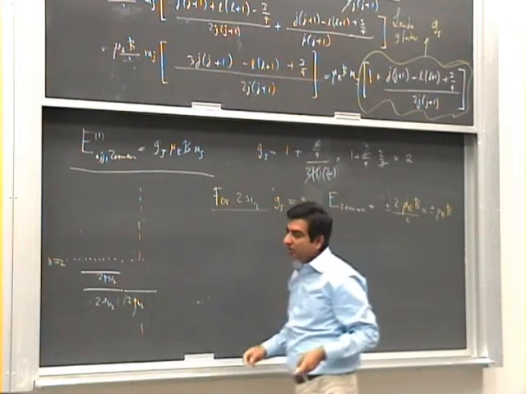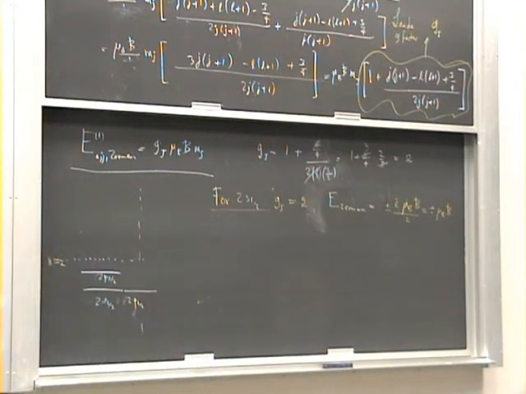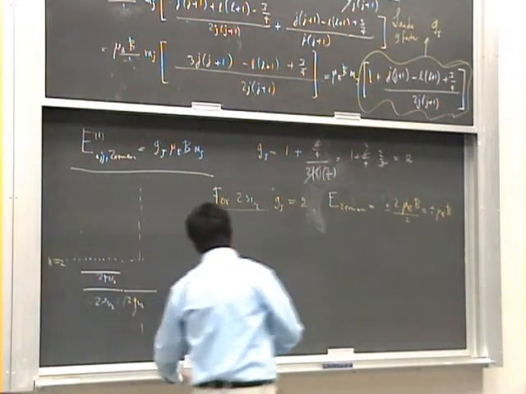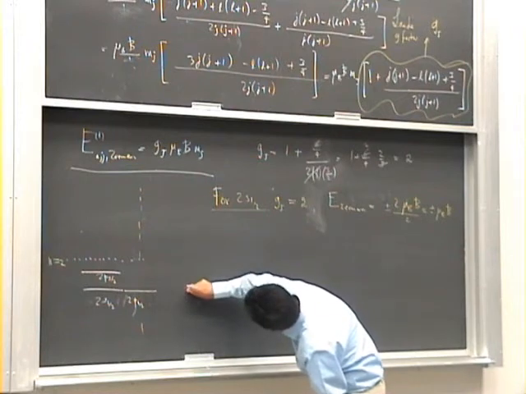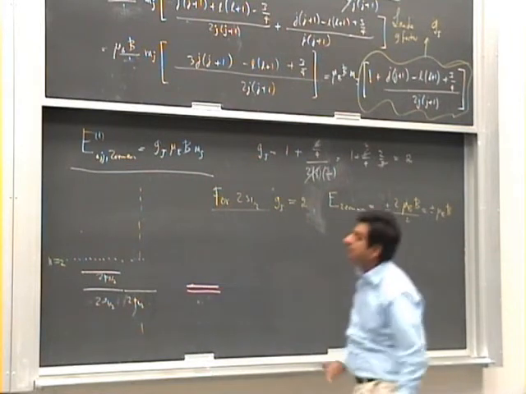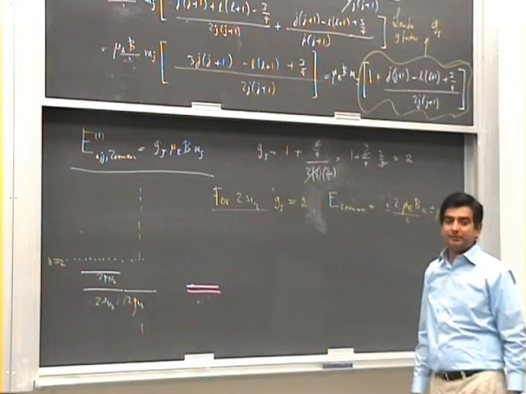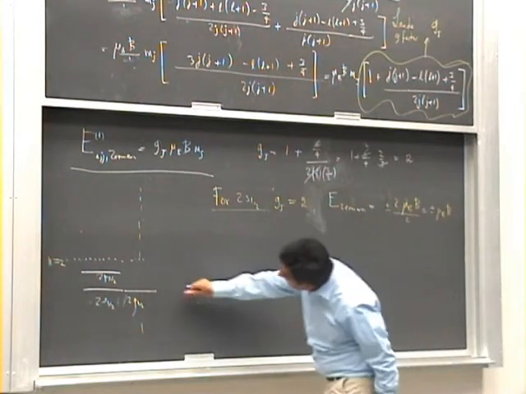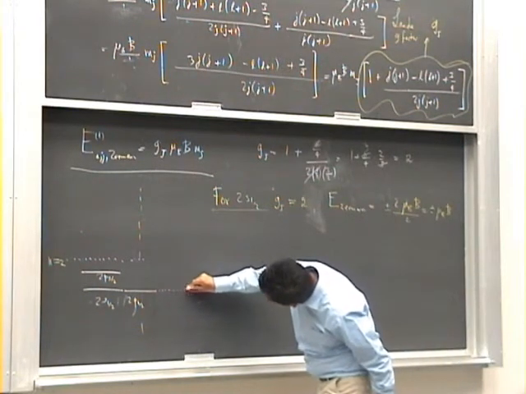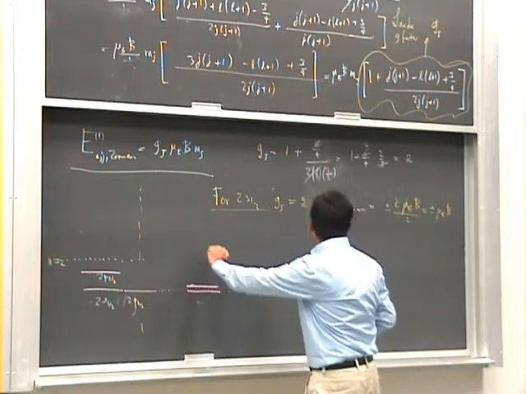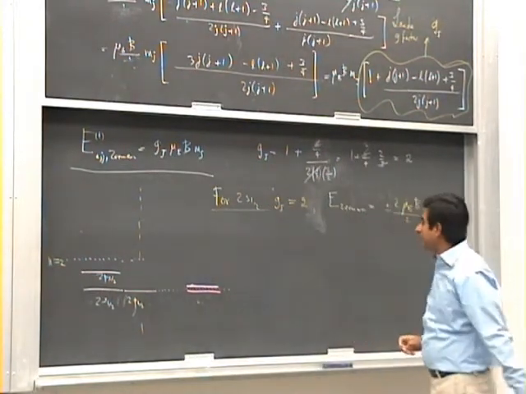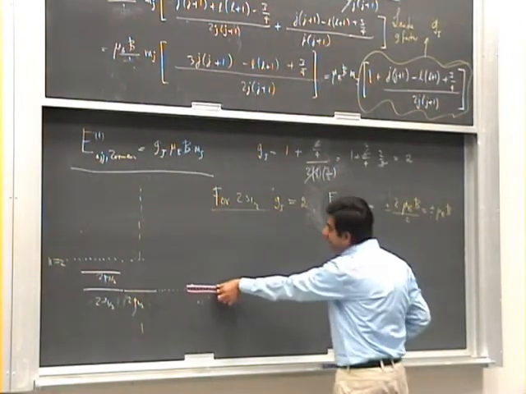If I draw the energy level in the presence of a magnetic field, this 2s half level is going to split into two. If I draw this datum line here, then one of these levels will be higher in energy, the other will be lower. And how much higher will it be in energy from the datum line?